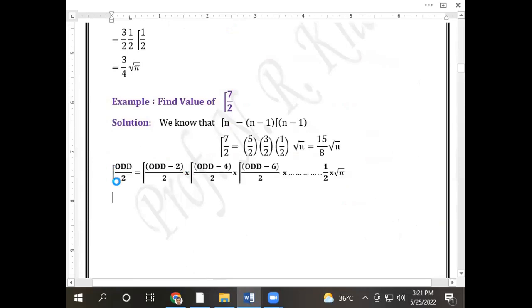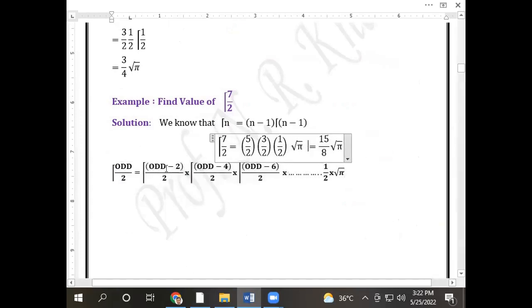Here, odd number upon 2: 7 is my odd number, divided by 2. So we have to subtract 2 from 7, it becomes 5. 7 minus 4, it becomes 3. 7 minus 6, it is 1. And lastly, we multiply by root pi. We subtract even numbers from the numerator, that is an odd number, until the subtraction gives 1.